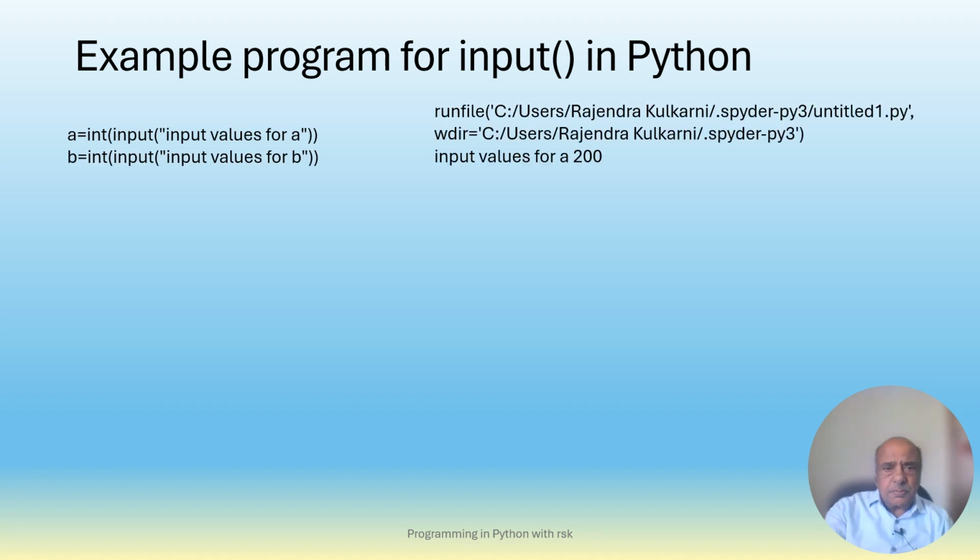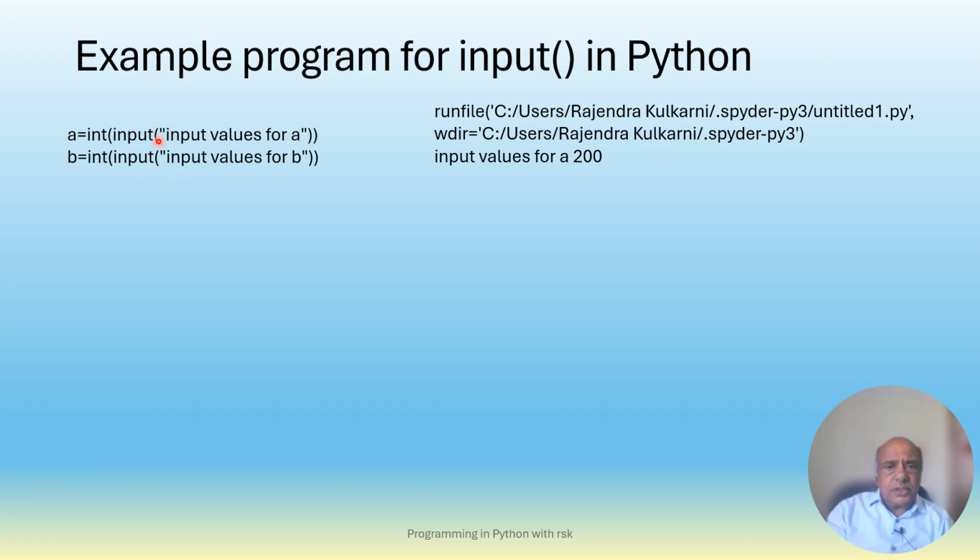Another example program for input, which is an actual program which I ran on my machine. a is equal to input value for a, b is equal to input value for b, both typecasted as int. a is equal to int, in brackets input, in brackets a string asking the user to input the value for a, and the same with b.